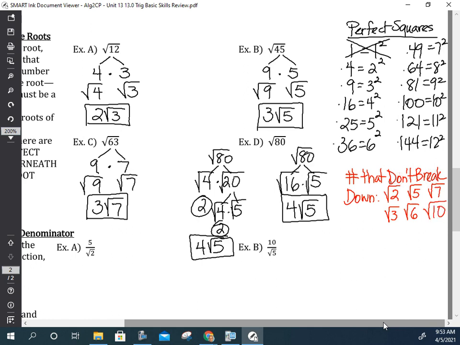So those are the first 6 that wouldn't break down. So if you get any of these 6, then you're done. Notice a few of them showed up in our problems. And those numbers don't break down.